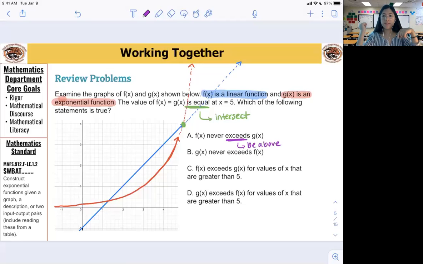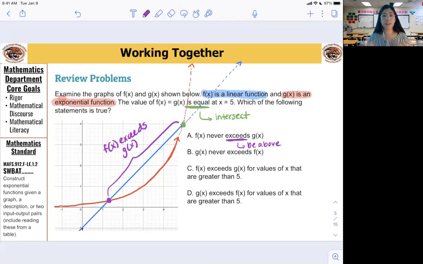There we go. After they intersect? No, this intersecting right here. Oh, the first one. Yeah, because we got two intersections, right? So in this whole section right here, f of x exceeds g of x.